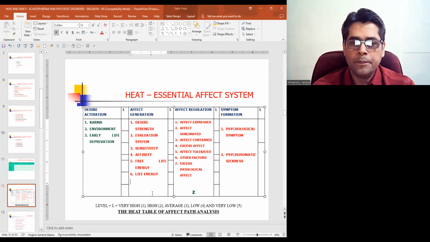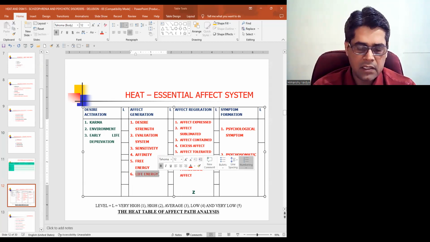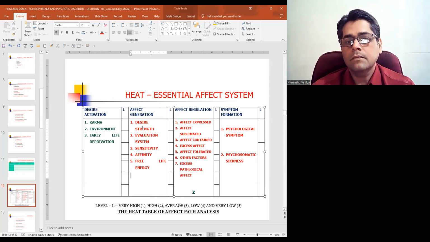Desire strength usually will be very high. Evaluation system will be extremely sensitive, very high. Sensitivity will be very high, affinity will be very high, free life energy very high, and in general life energy may be high, may not be high. Let us say we remove this. Affect expressed usually will be low.